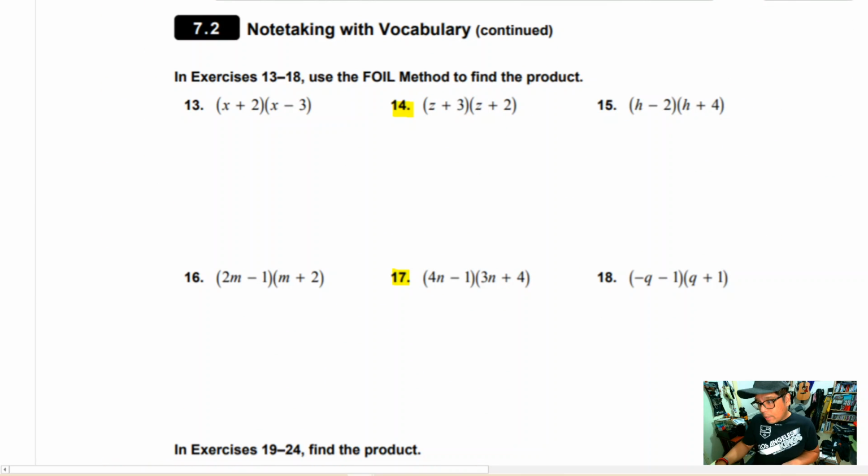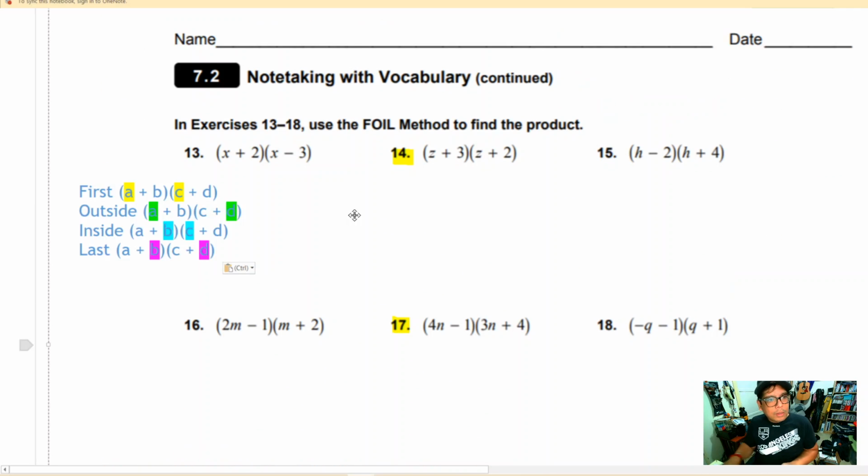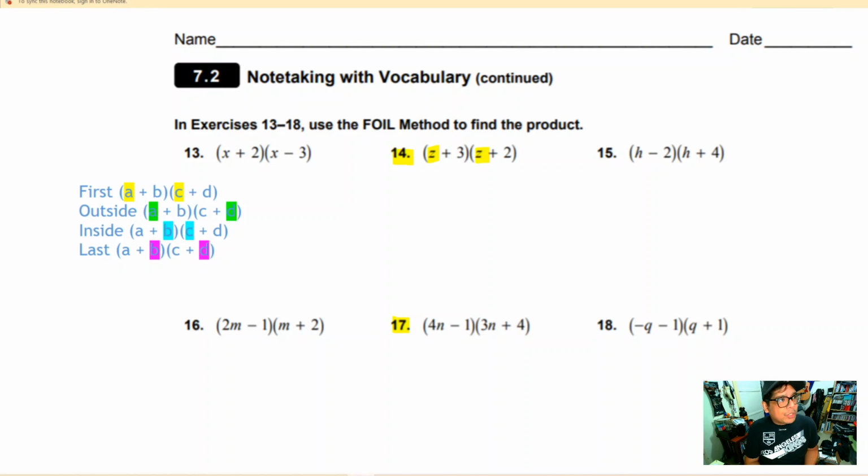Let's see. Oh, we've got even more. So let's use the FOIL method here. The first, that's z times z, which is z squared. And then the next is going to be the outside. Outside is going to be z times positive 2. So that's plus 2z.